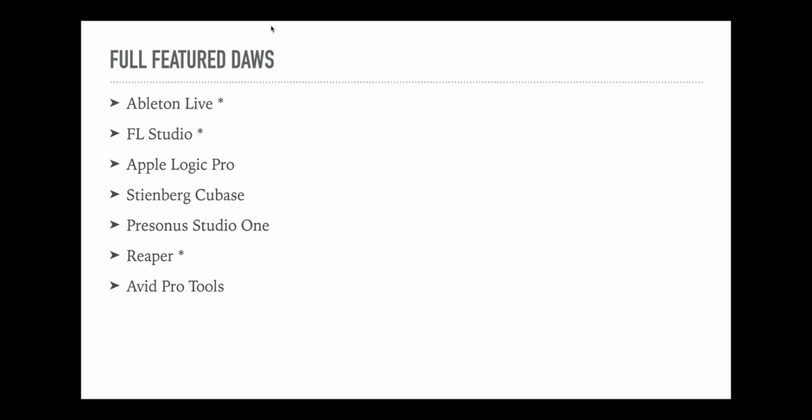Reaper is a free DAW. It's open source. You can pay a donation if you want to download it. Because it's open source, it's changing a lot. It's very, very customizable because of that. So it tends to have, in my opinion, a lot of features that kind of get in the way of the workflow. But it is a full-featured DAW that is free.